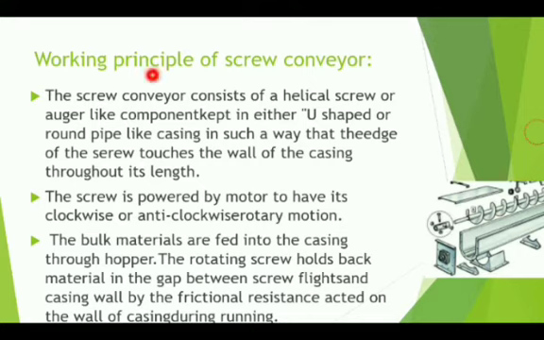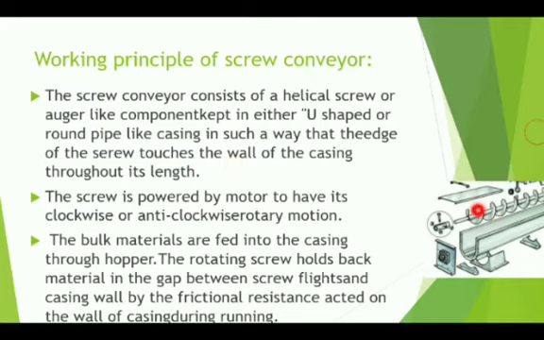Then working principle of screw conveyor. The screw conveyor consists of helical screw or auger. So this is the helical screw or auger, like components kept in either U-shape or round shape pipe, like casing in such a way that the edge of the screw touches the wall of the casing throughout its length.